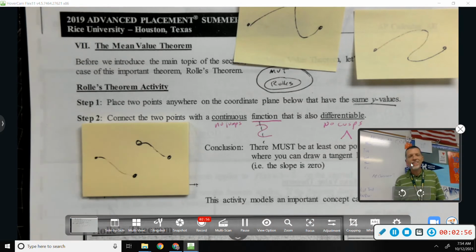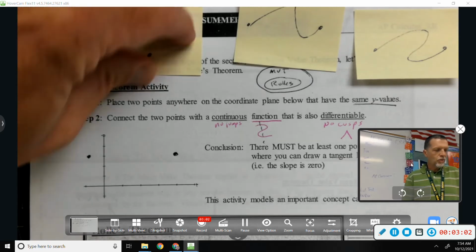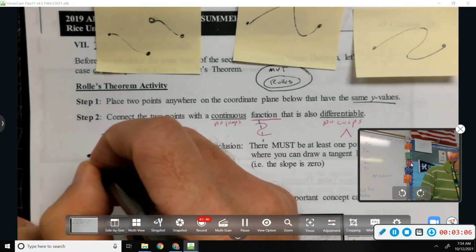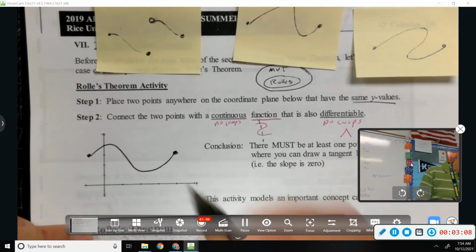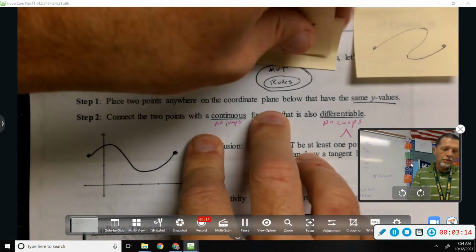How about that? It's not continuous. So connect them however you want, but there are definitely some things you're not allowed to do. Hopefully you did something other than a straight line, although a straight line would still work.